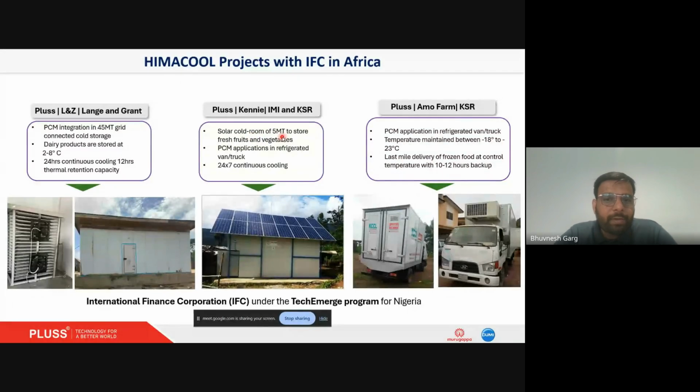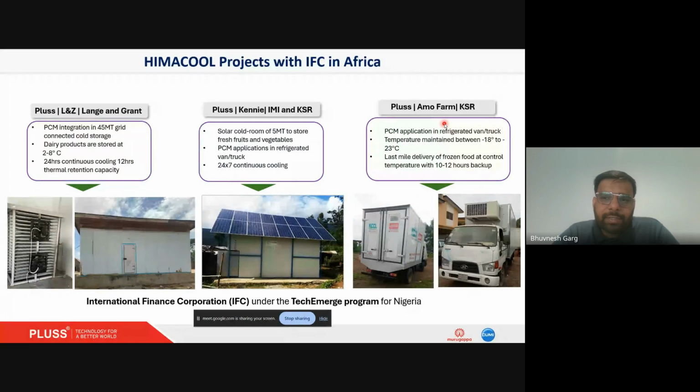There was a 5 metric ton cold room to store fresh fruits and vegetables, and 24/7 continuous cooling was maintained using these cold storages. This was without any operating cost, and there were a lot of greenhouse emission savings. In the next slide I will discuss the impact which all these projects have generated.